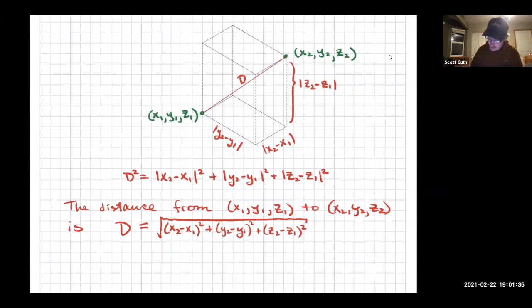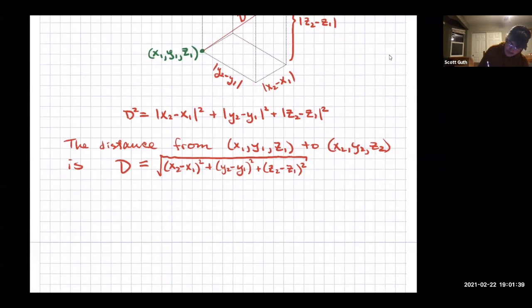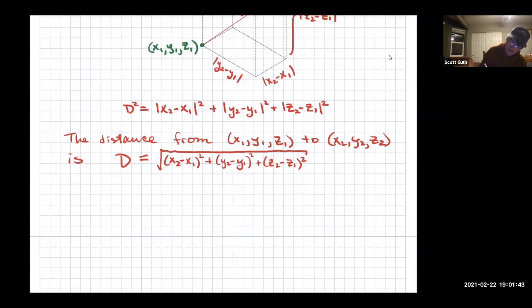We'll do an example in just a second, but let's do the midpoint. This is easy enough to prove, but I don't want to take the time.